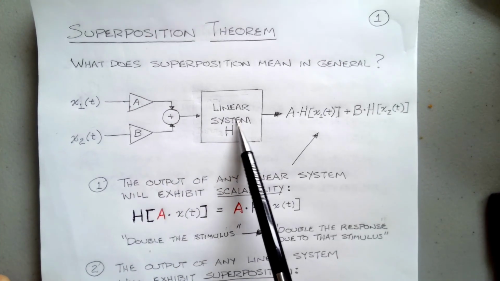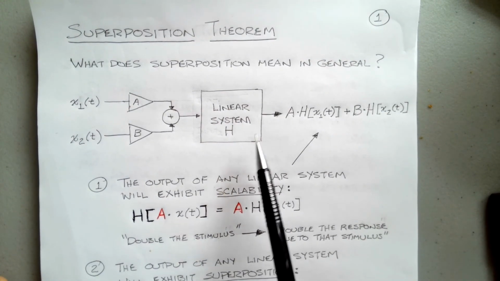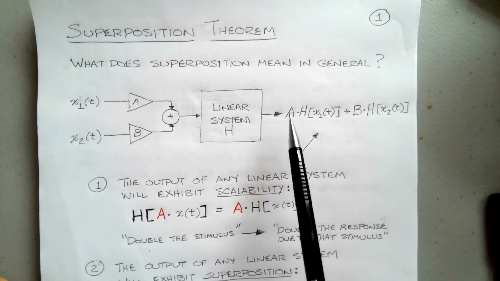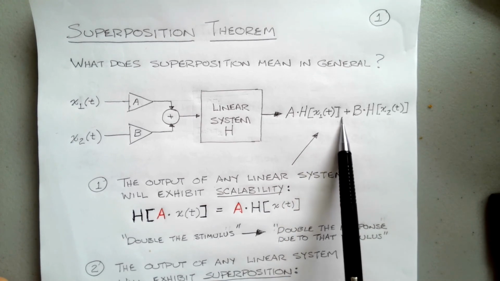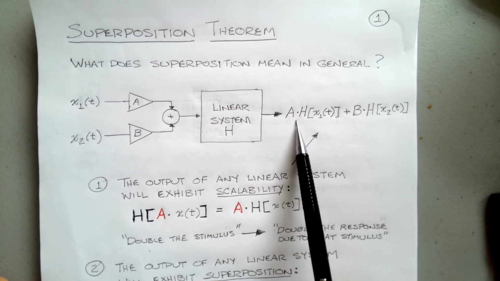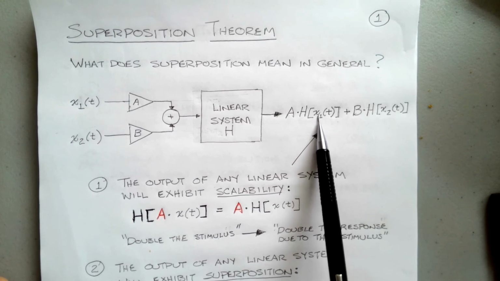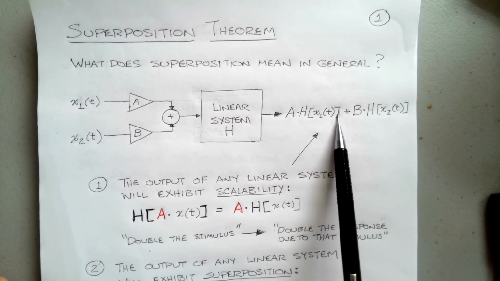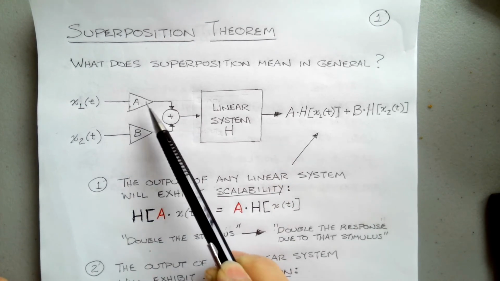If this is a linear system, we'll call it H, the output will be the output due to the first stimulus. This is the output of the system to the stimulus x1 of t multiplied by a, this gain factor.